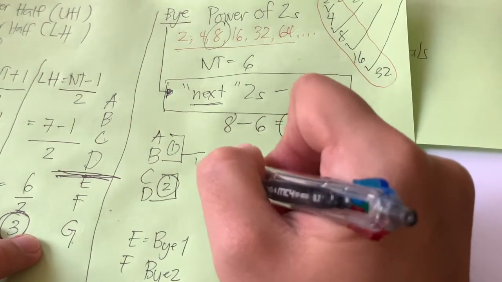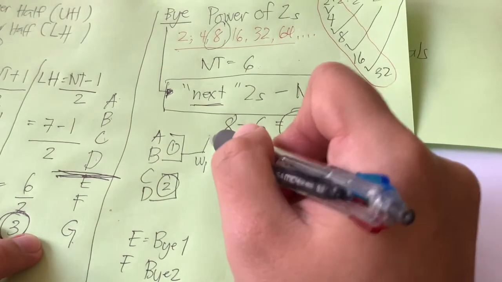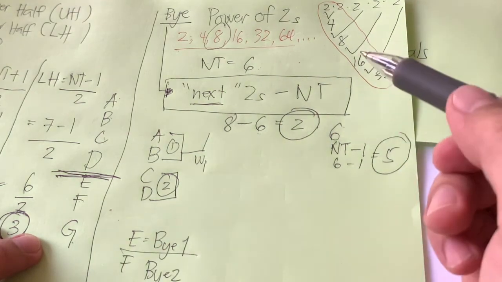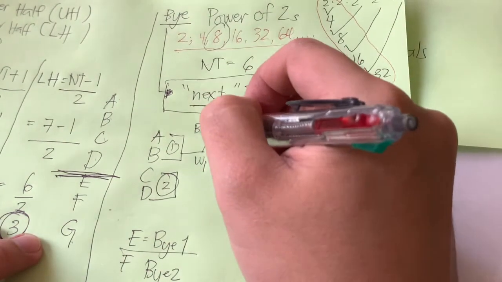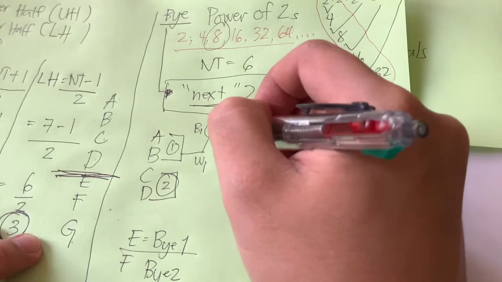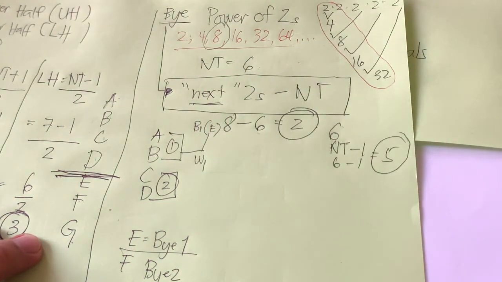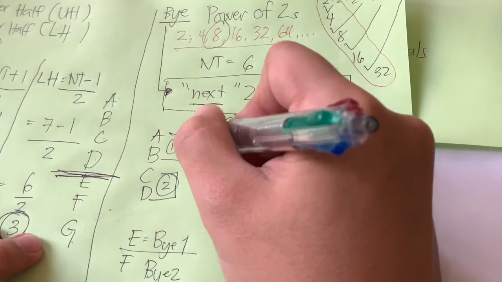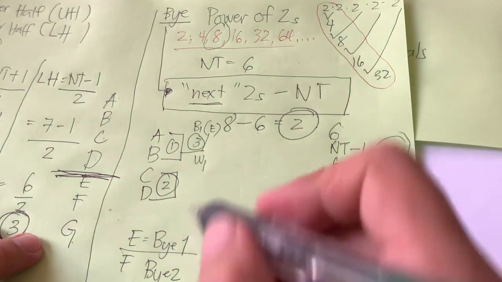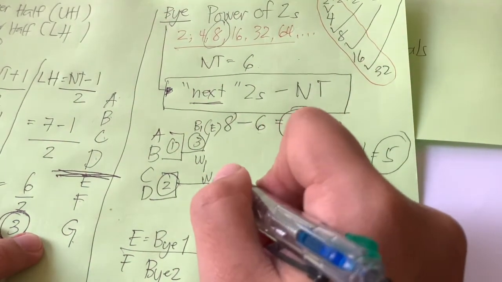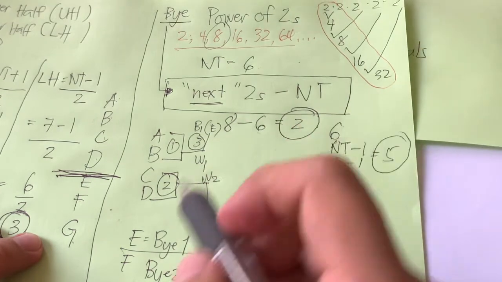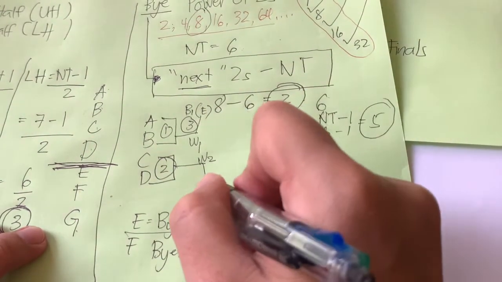Here. Winner 1 will be playing against bye 1. Who is bye 1? E. And this will be called game number 3. Now here, winner 2 has to play with bye 2.